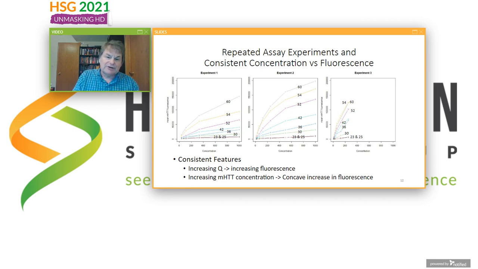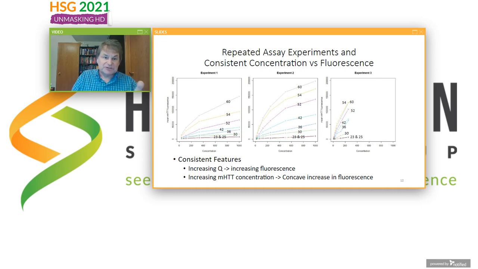The shape is slightly different here because on the horizontal axis I have concentration instead of log concentration, and the y-axis is the mean fluorescence that comes out of the assay. I've plotted all 3 of these to the same scale, and there are a couple of semi-quantitative features that we can immediately see are consistent among these 3 assays.